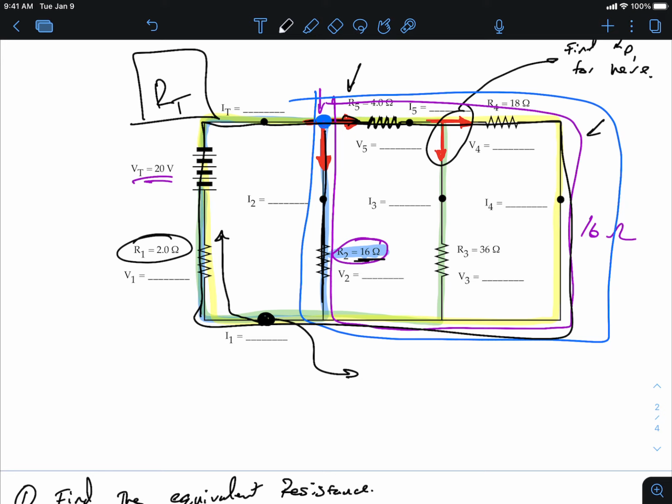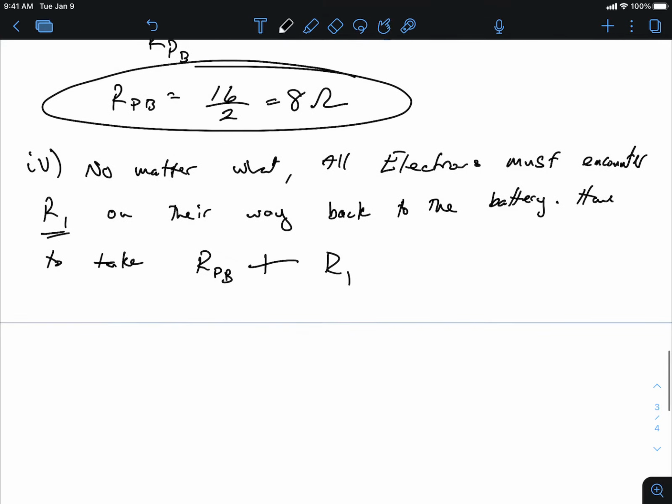That's all fine and dandy. But we also have to add in the fact that they're all going to encounter this resistor, all of them. Okay? And so I have to go RPB plus R1, which is going to be 8 plus 2, which is equal to 10 ohms. This, everyone, is what we call RT.